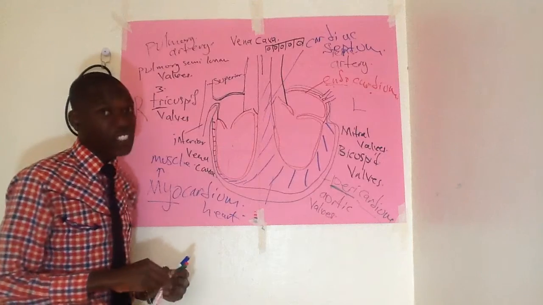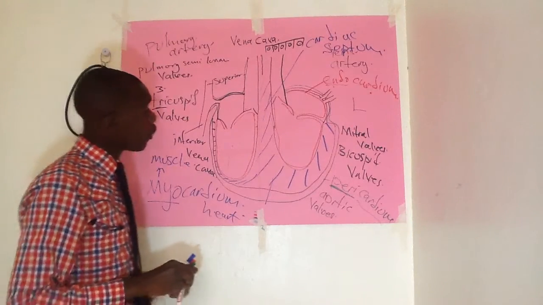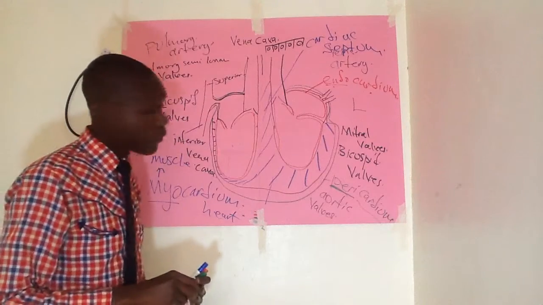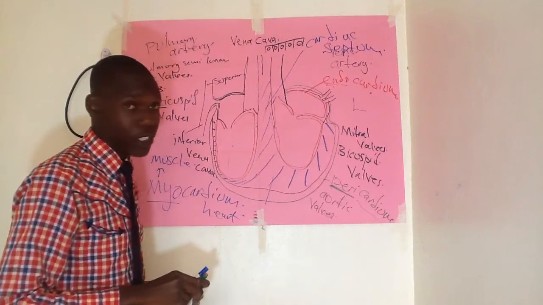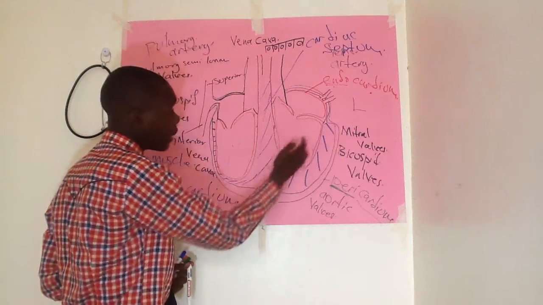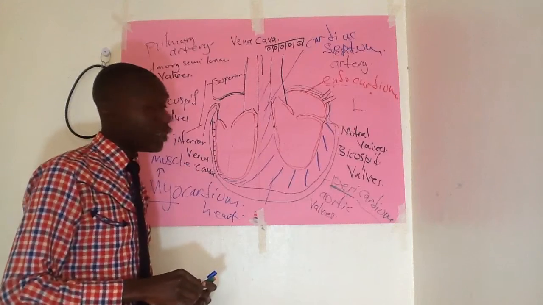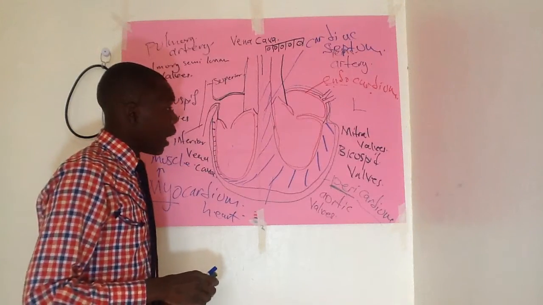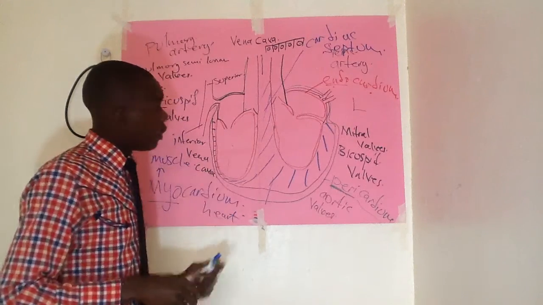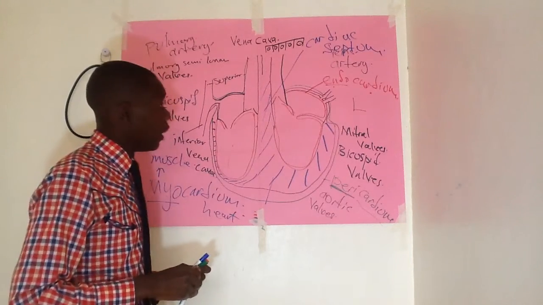And this is very essential in controlling clotting. It prevents clotting. If the walls of the heart, the endothelium, had been very rough, that would stimulate blood clotting, which would result in blood clots in the heart.